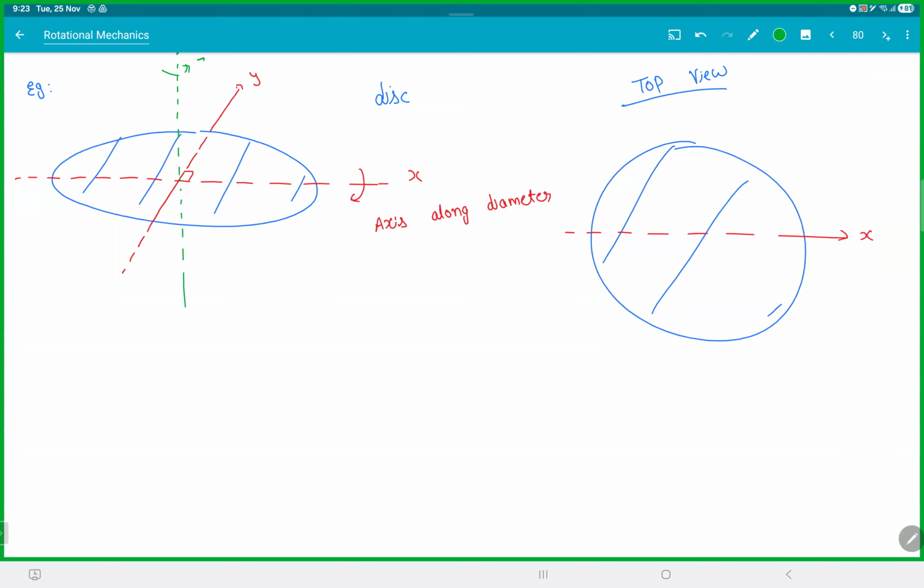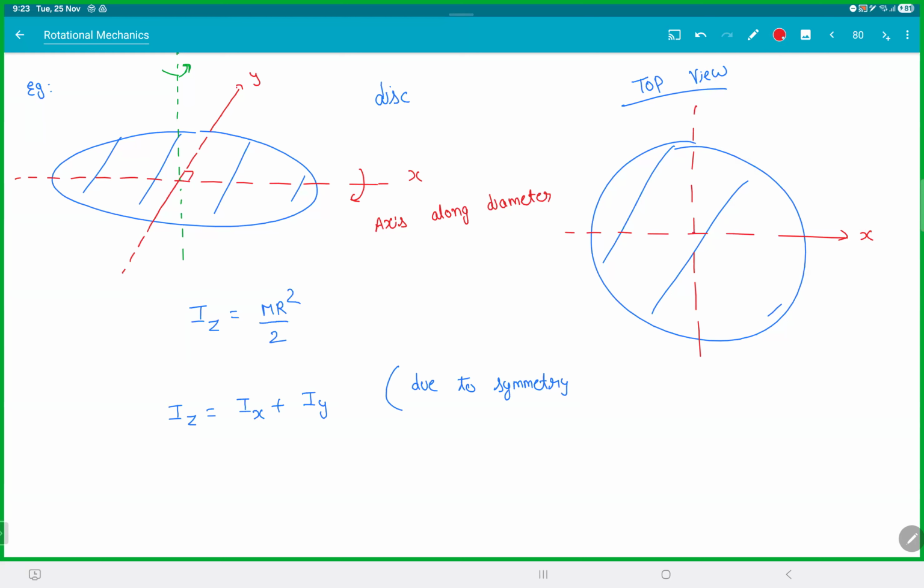That had to be integrated, if you remember. So Iz is nothing but mr square by 2. This came from integration. Now from perpendicular axis theorem, we know Iz will be Ix plus Iy. Right? And due to symmetry, you can clearly see x and y are identical, because if you see x and y, they are exactly like this.